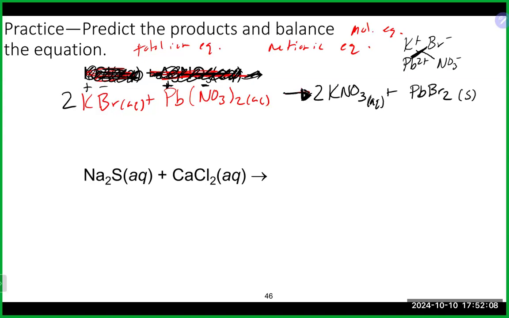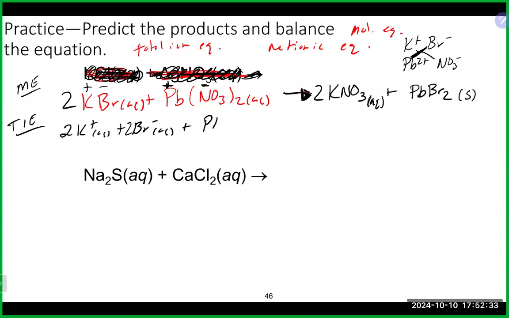Question on that there. Now that we have this, we can break this apart into our total ionic equation. This obviously would be our molecular equation. So for our total ionic equation, we're going to break apart the KBr because it's a strong electrolyte. So two bromines and two potassiums.